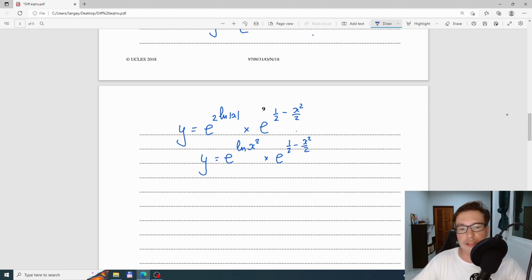Well, e to the power of natural log will just cancel each other. So I'll get y equals x squared times e to the power of 1 minus x squared over 2. That's our solution of the differential equation.